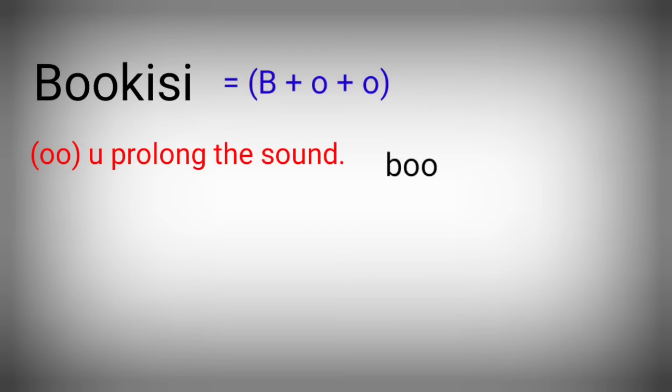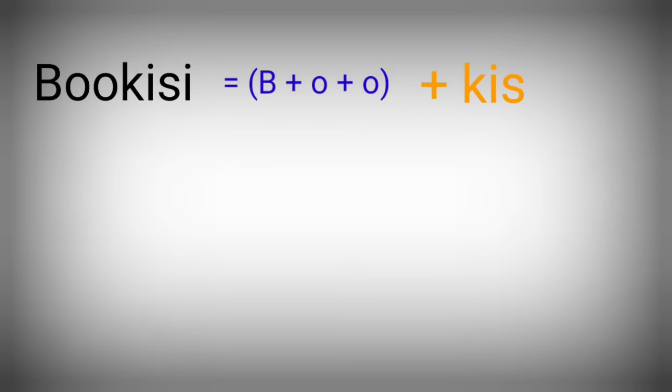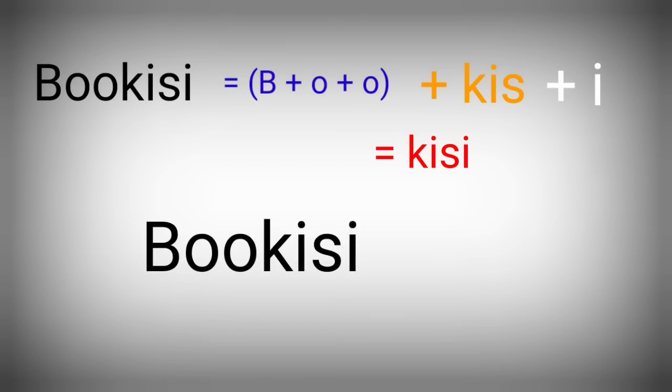Remaining letters K, I, S, forming kis. When you add on the I, it's kisi. The word is bokisi. Please note the prolonging of the word since it has double vowels.